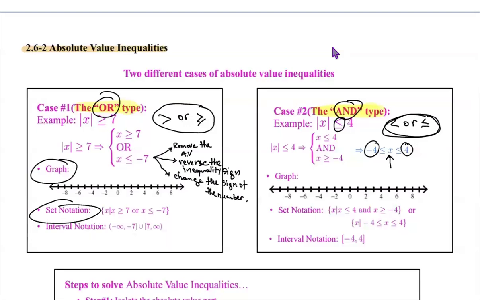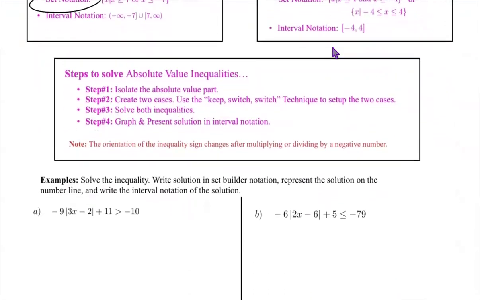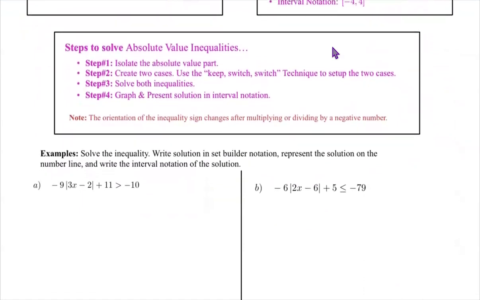Now, let's go over the steps when solving an absolute value inequality. Number one, make sure you clear the absolute value. You isolate the absolute value, you get it by itself. Number two, you set up the two cases that we talked about, depending on whether you have an OR type or an AND type. Solve both inequalities and then represent the solution as requested.